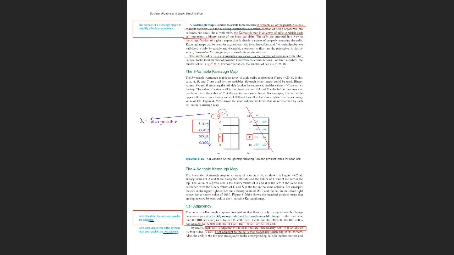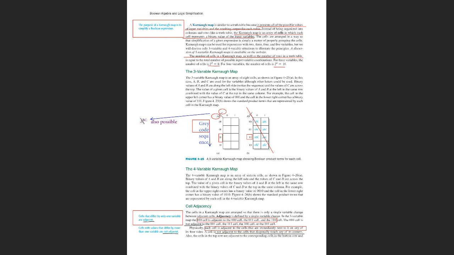Coming back to the Carnot map, please remember that if we have a certain number of variables, 2 to the power of this number creates this number of cells in the Carnot table. Every cell in Carnot table represents one row in truth table, by the way. So the relation between number of cells in Carnot map and number of rows in the truth table is 1-to-1.